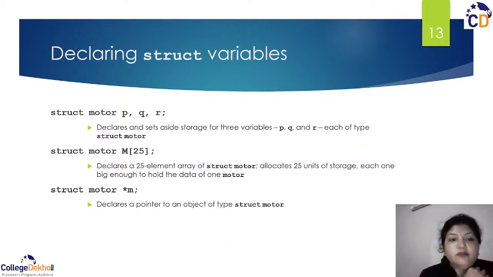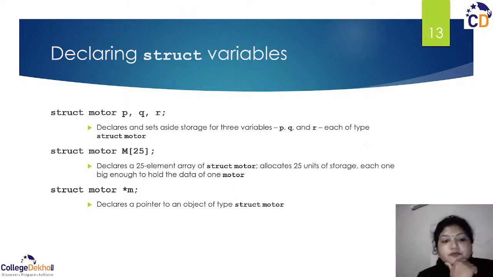Struct motor p, q, r declares and sets aside storage for three variables, that is p, q, and r, each of type struct motor, and these may access the member variables of motor. What is the type of these variables? That is of structure type.